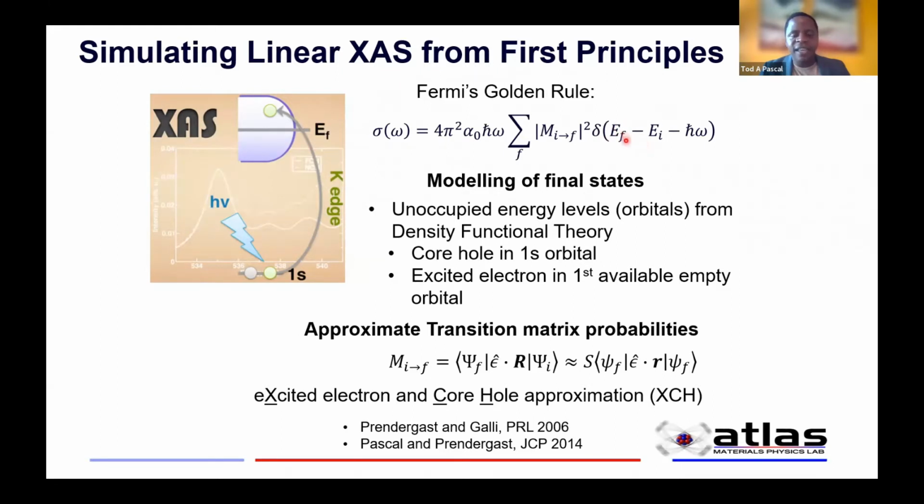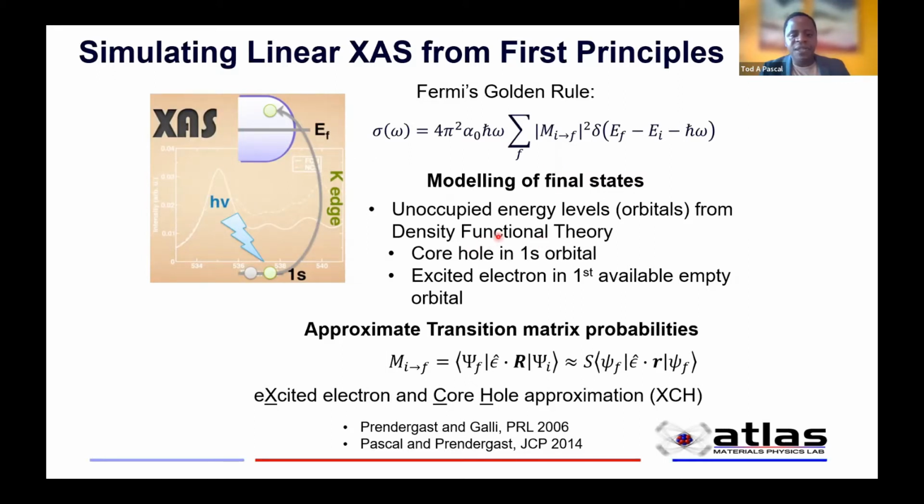If the difference between the final and initial state matches the incoming X-ray photon energy, then these transitions become strong and allowed. And so if we have some good way of modeling the initial and final states and the transitions between them, we can start getting reasonable approximations to the actual X-ray absorption process.